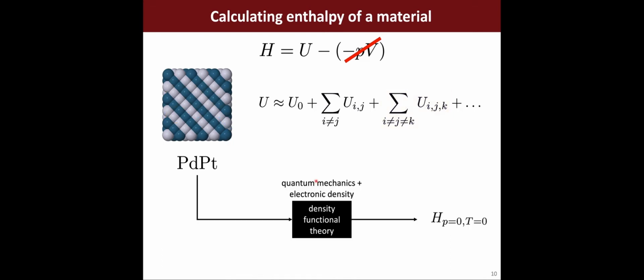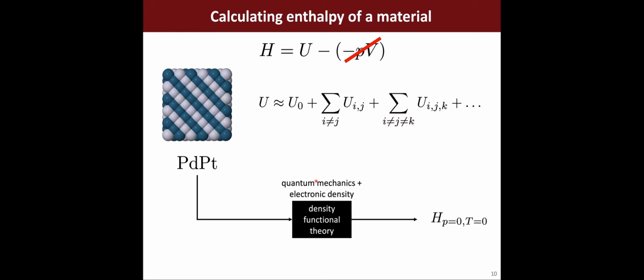For the discussion here, the important part is that we're going to get the internal energy from density functional theory. This comes from our first talk where we talked about leveraging VASP. We're going to understand the enthalpy of this system from a quantum mechanics perspective, so we want to understand what the energetics of the electronic density are.